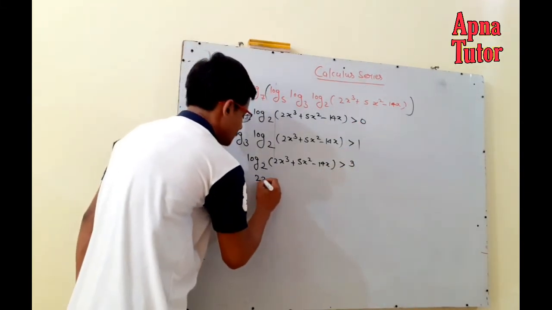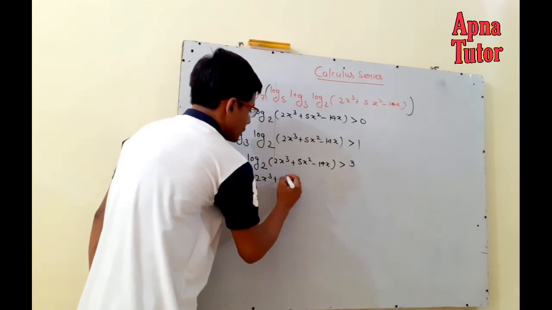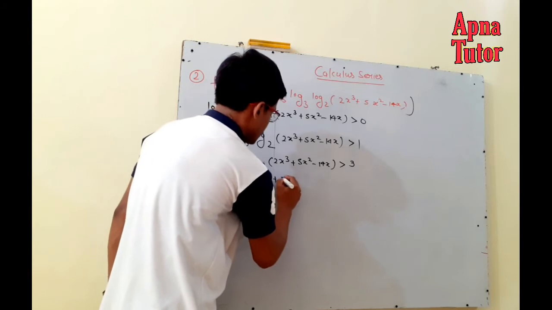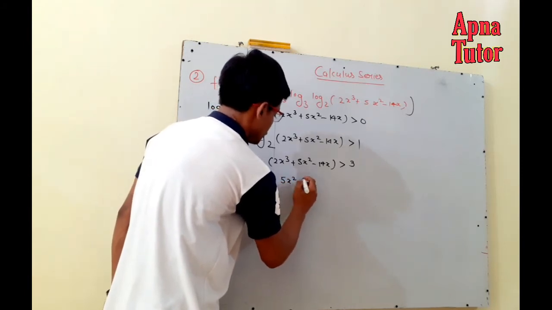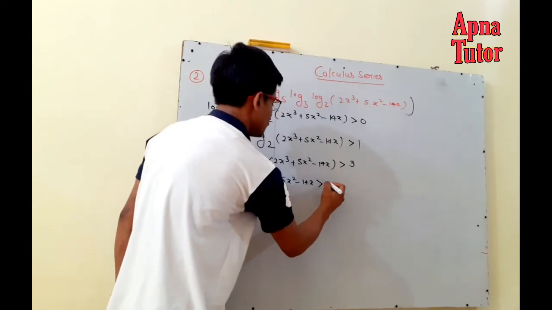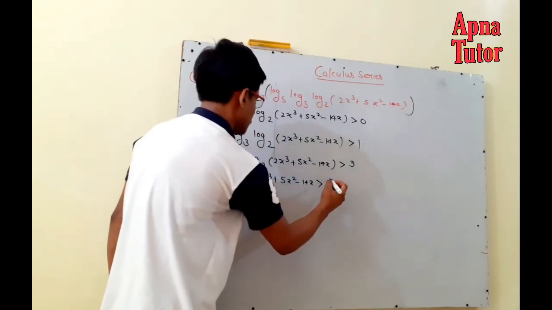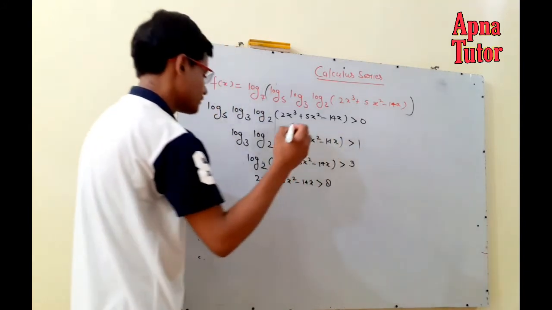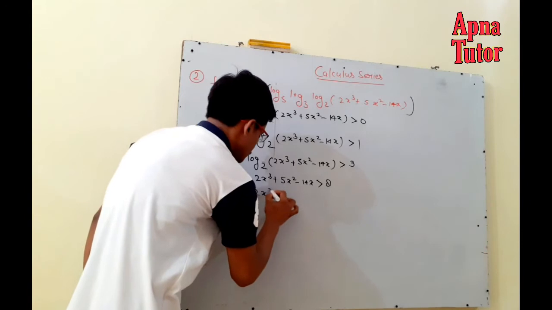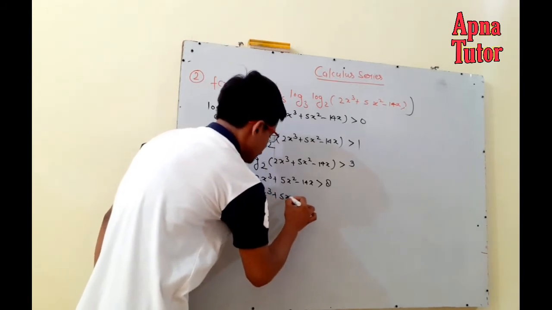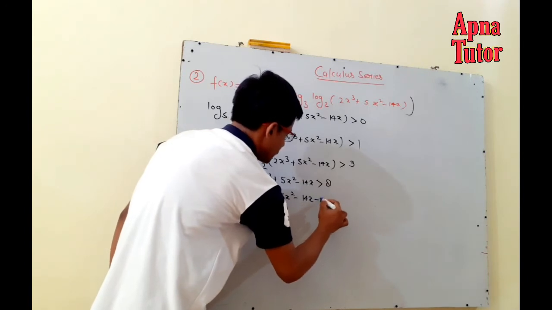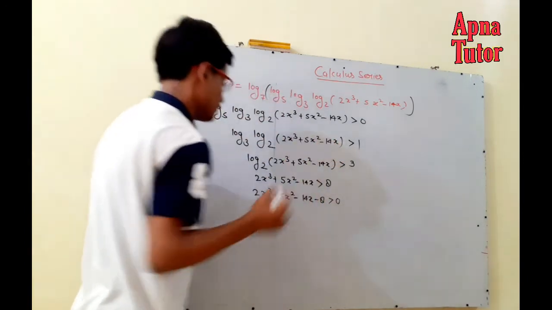Again you have to apply for this: 2x cube plus 5x square minus 14x greater than 2 to the power 3, which is 8. So 2x cube plus 5x square minus 14x minus 8 greater than or equal to 0.